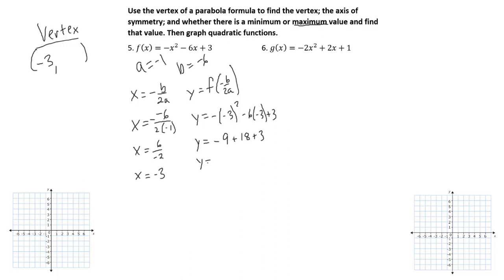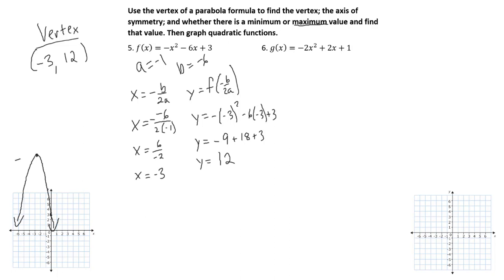So that gives us a y value of 9 plus 3, which is 12. And so -3, 12 is our vertex. So -3 and then 12 is way up here. So we have a y-intercept of 3. And so our graph is going to look something very similar to that.